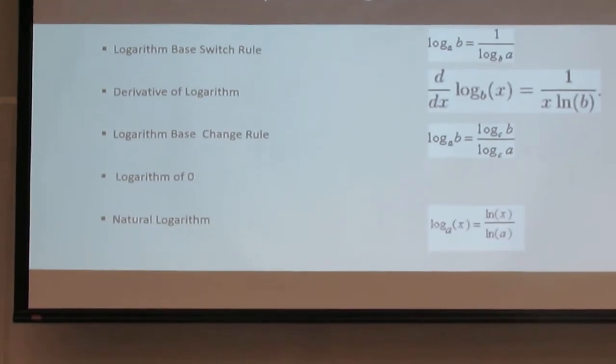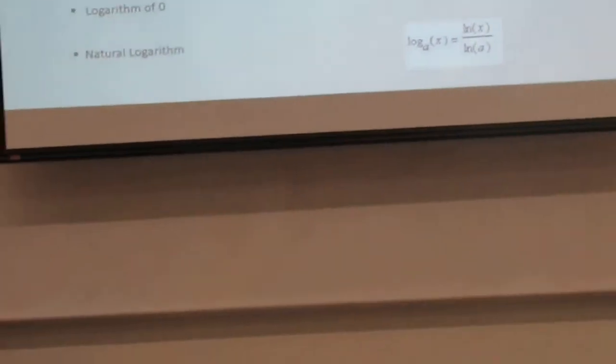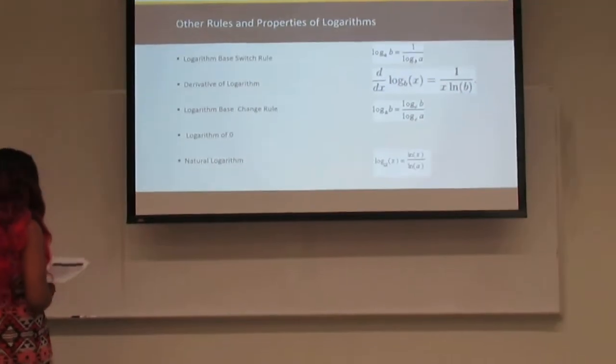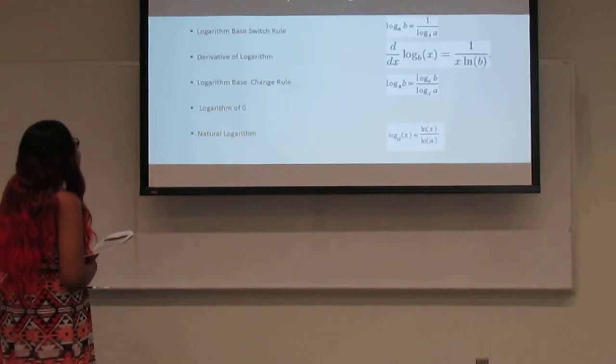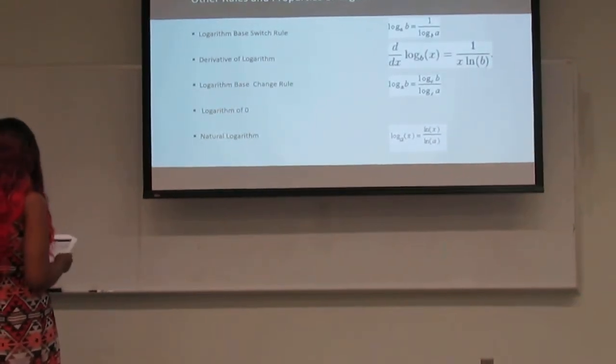For the logarithm base switch rule, the base b logarithm of c is 1 divided by the base c logarithm of b.